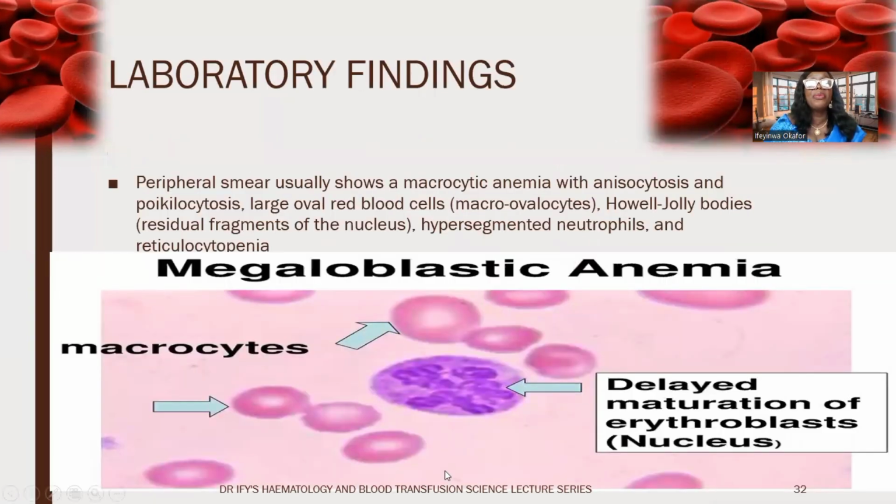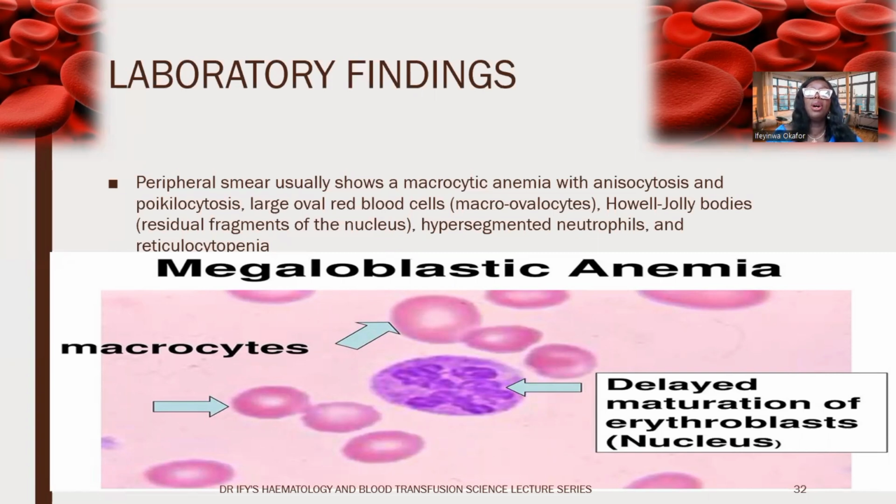Like we have here, this peripheral blood film is showing hypersegmented neutrophils and also macrocytes. Hypersegmented neutrophils are neutrophils that have more than 5 lobes.